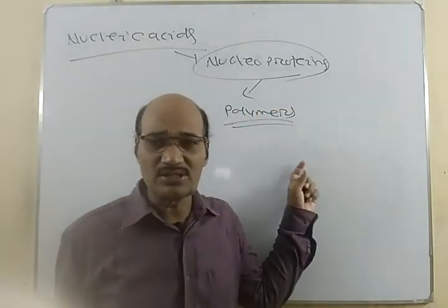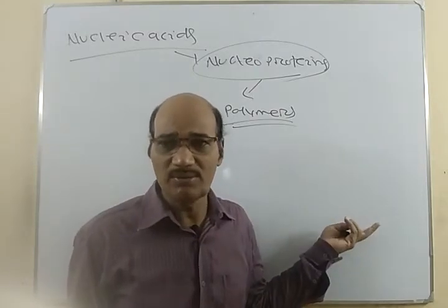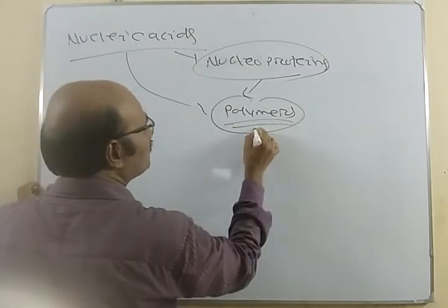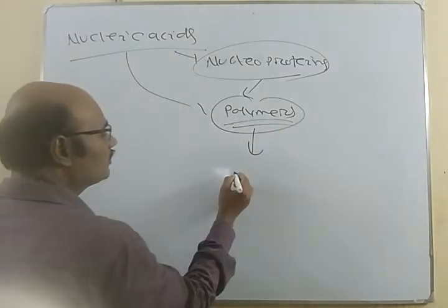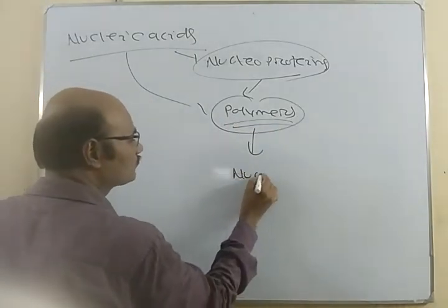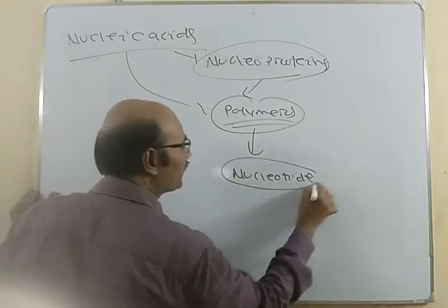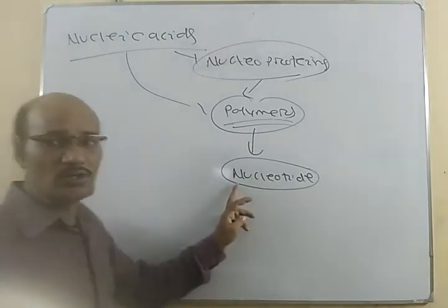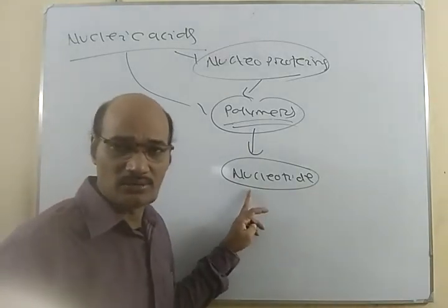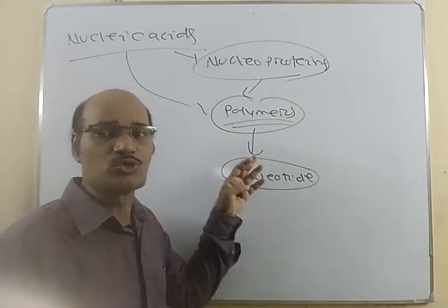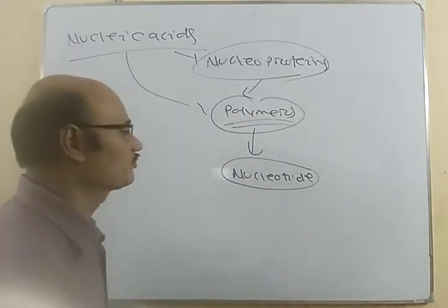Because they are polymers, there must be a monomer. So these nucleic acid polymers consist of a monomer called what? Nucleotide. So nucleotide is the monomer which combines together to form the nucleic acids.